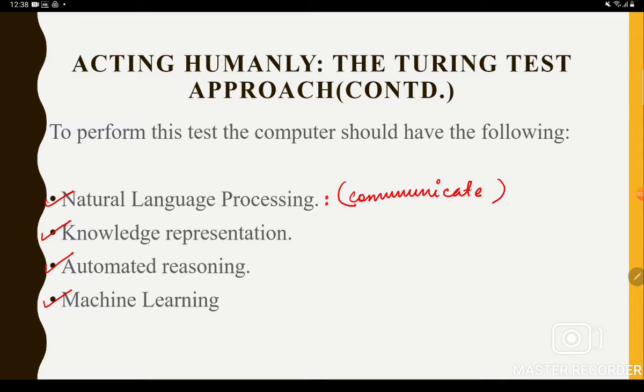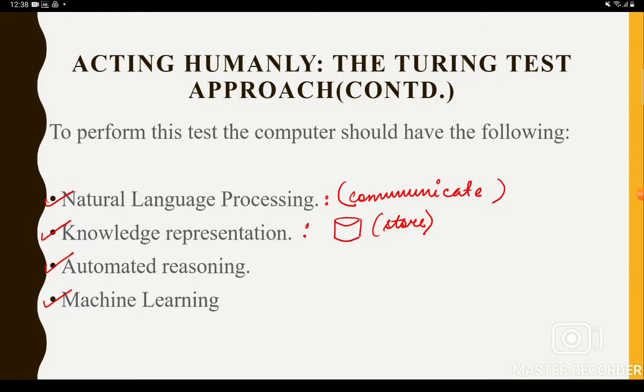Then it should be equipped with knowledge representation, which is to store what it knows or hears. It will behave like a database where it stores the various things the computer system knows, hears, or is given information of.